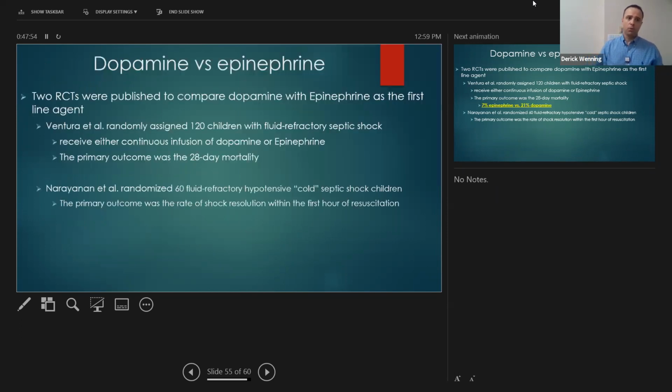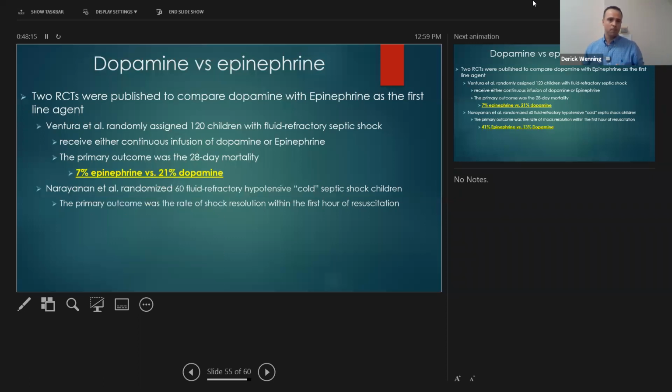So here are 2 randomized controlled trials comparing dopamine to epi as the first-line agent in pediatric septic shock. The primary outcome for the first study, the Ventura study, was 28-day mortality. So the higher the mortality or the higher the number, the worse that pressor did. The second one, the primary outcome was the rate of shock resolution.